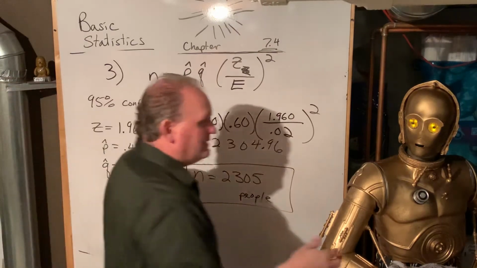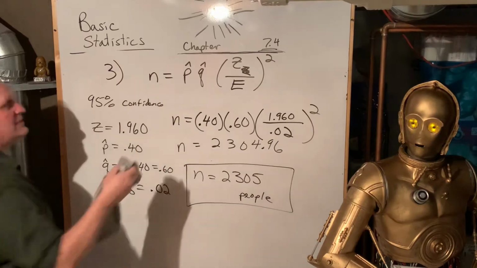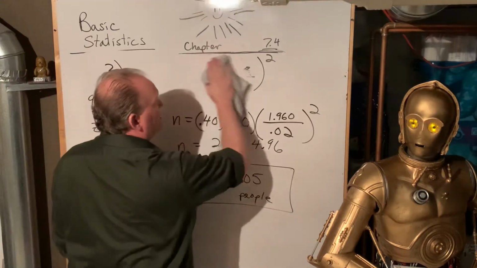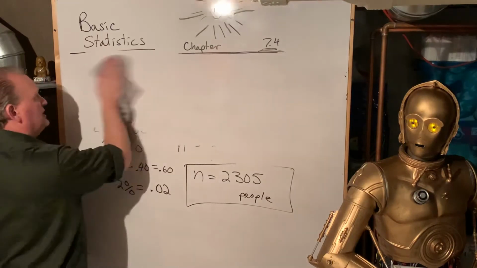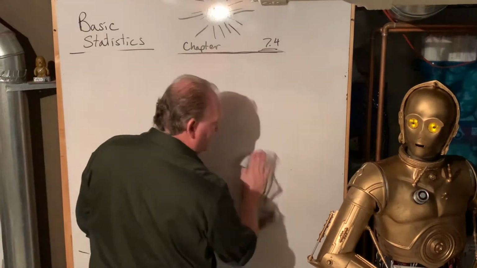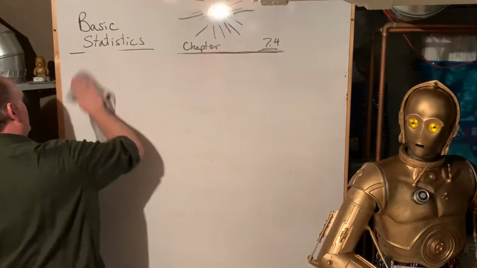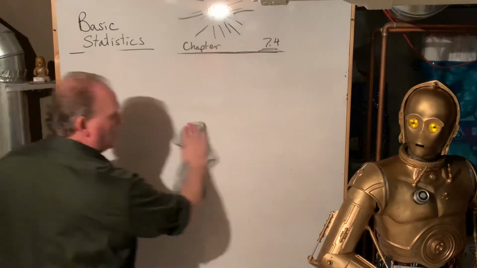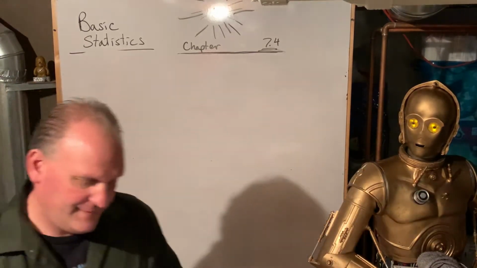And again, there's no guarantee that it isn't one of the stinkers. And also with things like that, where you got people that you're asking questions about, you're making an assumption that the people are going to tell you the truth. So they might say, oh, I'm going to vote for candidate A, but really they're planning on voting for candidate B. And that'll throw off the data if enough people do that. All right.